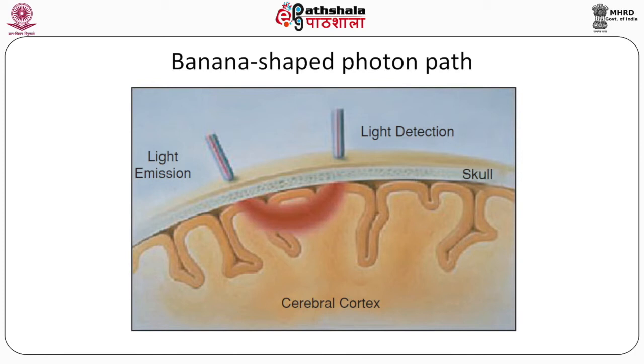The light in the range of 700 to 900 nanometers is emitted from one probe and gets detected by the other probe, and the light inside the brain follows a banana shaped path. The photons travel in the brain tissue in a curved shape. That's why it's called a banana shaped path. That's how we assess the change in the blood volume in the brain tissue.